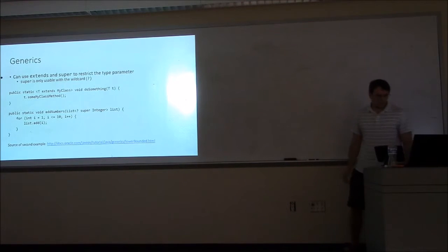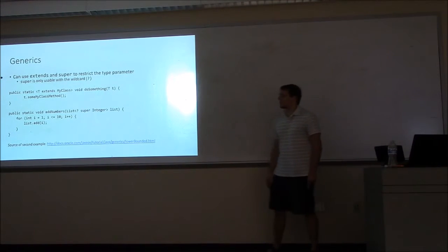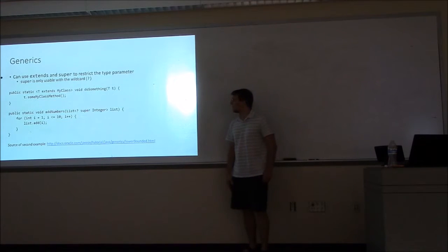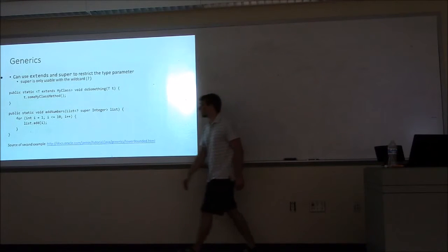You can also use the extends and super keywords to restrict the type parameter. So if you just have T in angle brackets, then it could be literally any type. But if you need a more specific type, you can use extends or super to specify that.